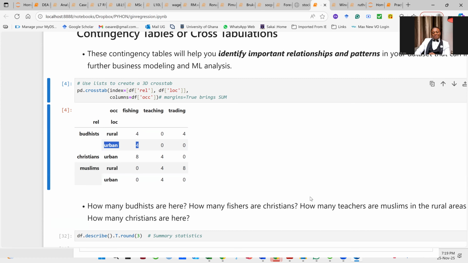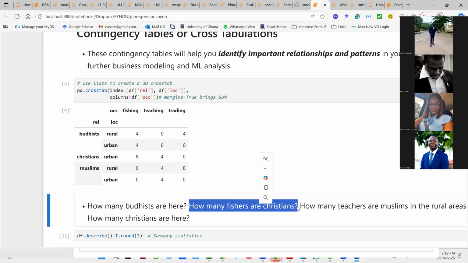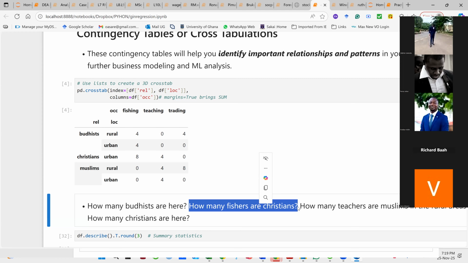Next one. How many fishes are Christians? You can raise your hand and tell us. Richard Ban? 8.